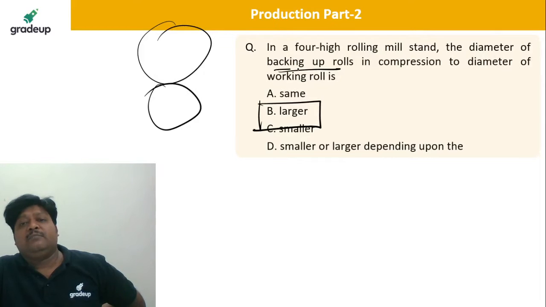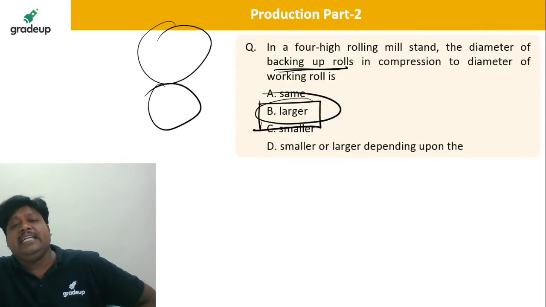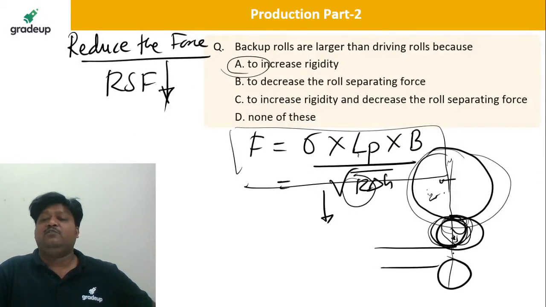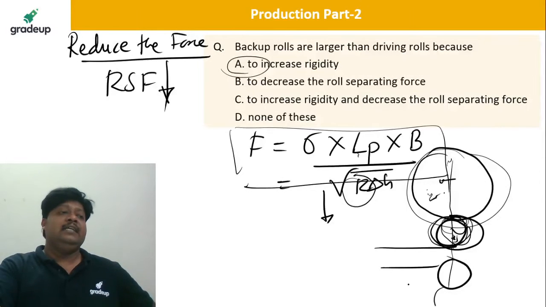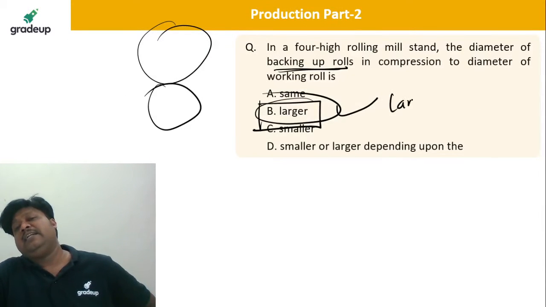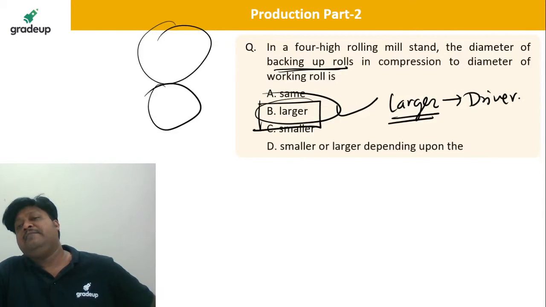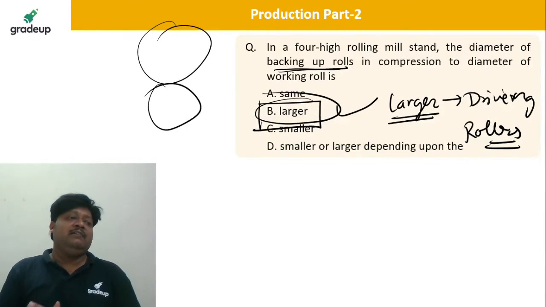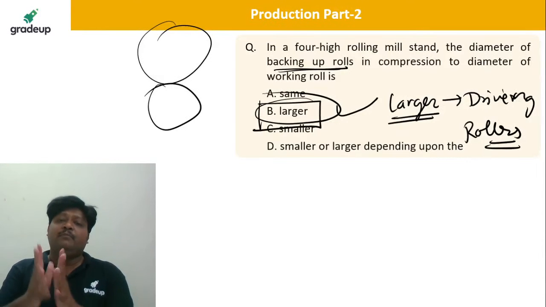Yes, B is the correct answer. This is the 4 high reversible mill. Yes, B, Bombay, is the correct answer: larger than the driving rollers. Yes, Shivani, Sunita, Vivek, Arjun, very correct. B, Bombay.